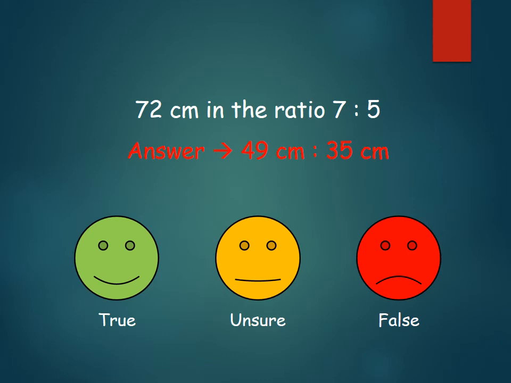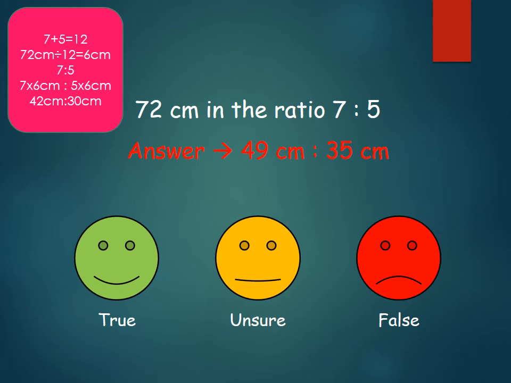72 centimeters in the ratio 7:5. He said the answer is 49 centimeters to 35 centimeters. What do you think? Is his answer correct or not? Think about it. We will see. Number of parts is 12. 7 plus 5 equals 12.